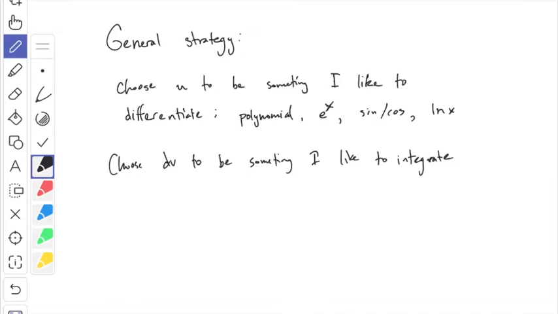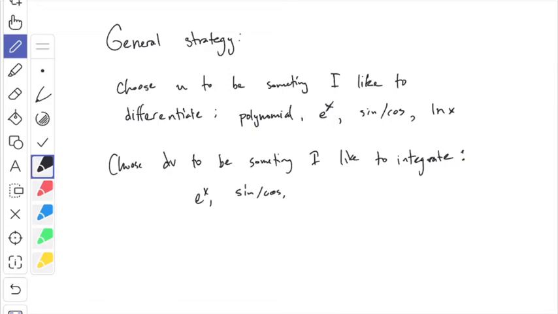Okay, anyway, let me just finish what I was saying here. You choose the dv to be something that you like to integrate. So something that maybe stays the same when you take the integral, or perhaps gets simpler, although if you think about it, there aren't many things that get simpler when you take the integrals. But there are some things which at least don't get more complicated. So something like e to the x, sine and cosine would be good choices for this. Maybe a polynomial, although polynomials will typically get more, the degree will increase when you take their integral.